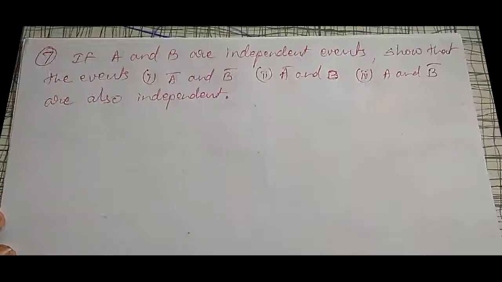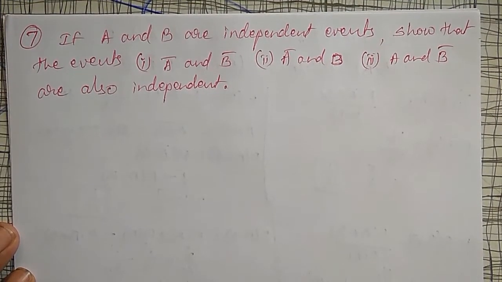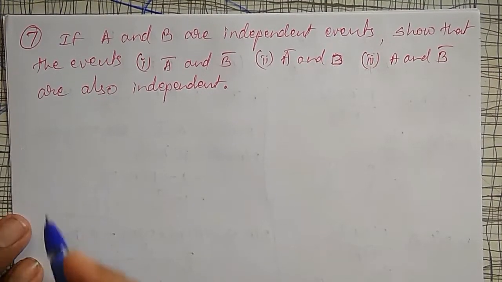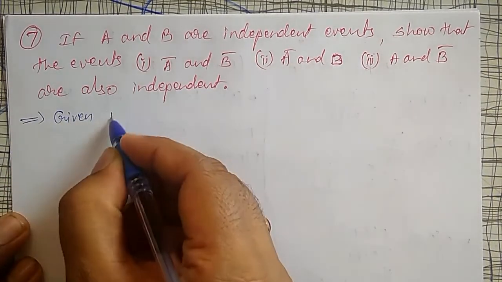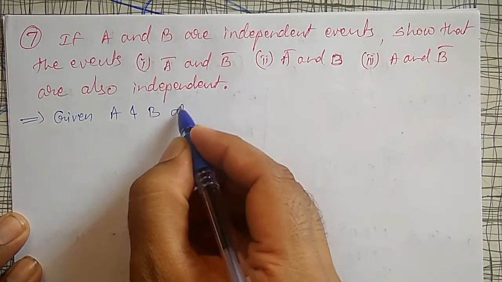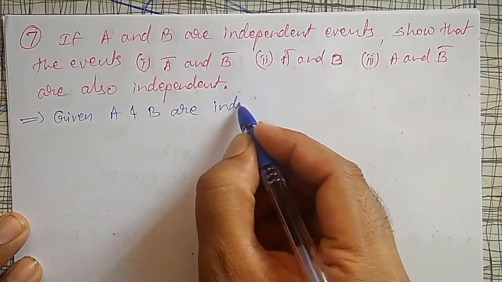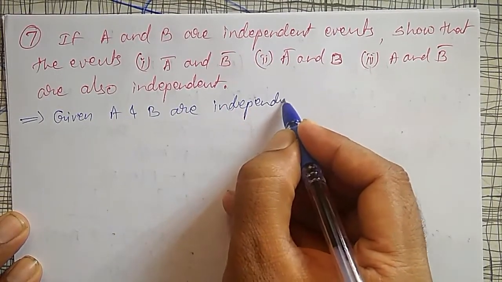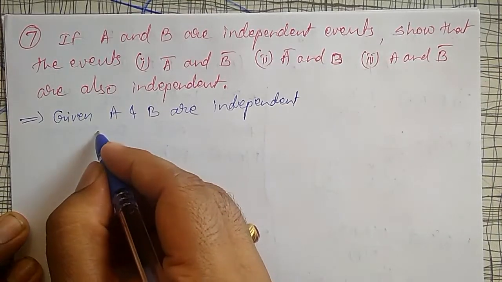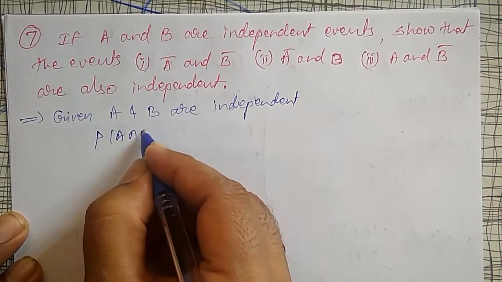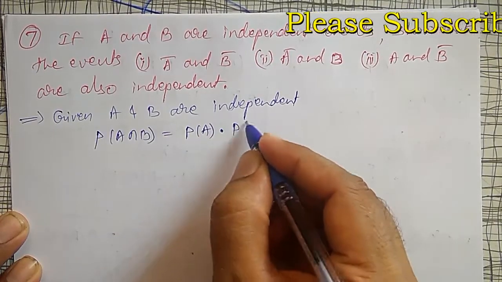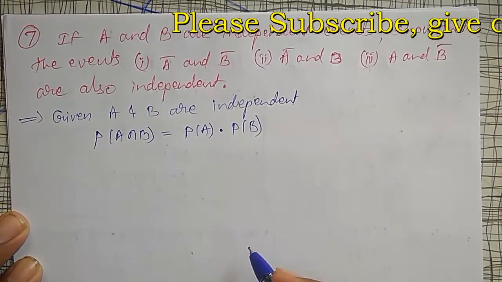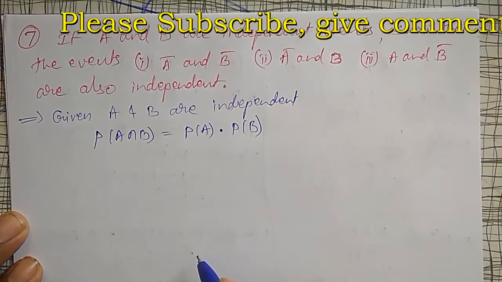Here, if A and B are independent events, given A and B are independent, then probability of A intersection B must be equal to probability of A into probability of B. This is given indirectly.